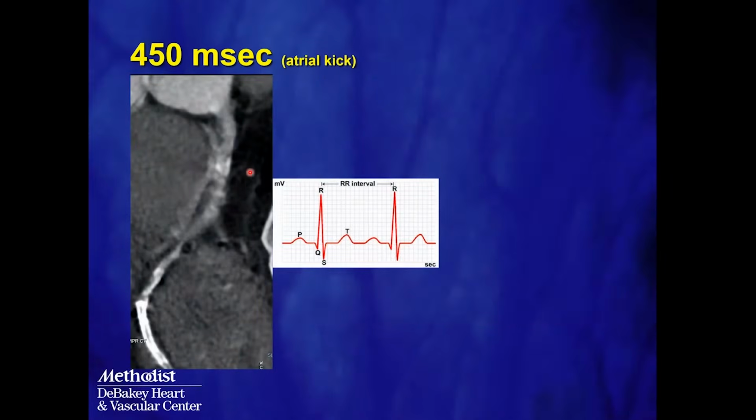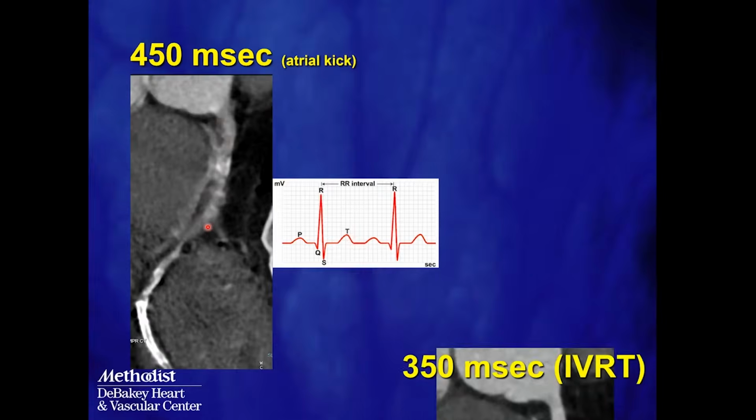This is a curved planar reformat of the right coronary artery. What we notice here is that when we acquire data at 450 milliseconds of the RR interval, which is very close to the atrial kick, we see this motion in the right coronary artery.